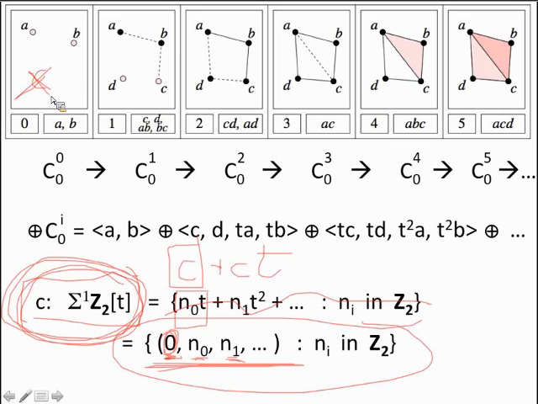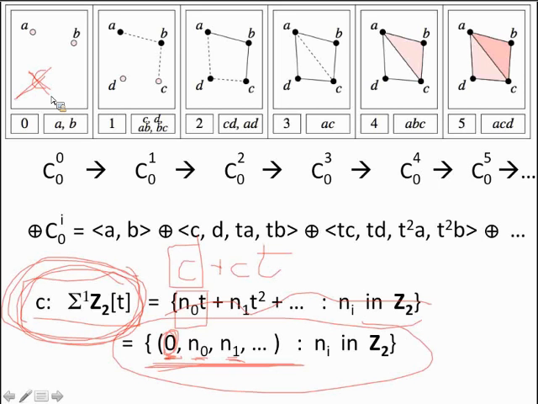So we have all our polynomials right here, but now I want to mod out by 1 unit later. 1 unit later is represented by t, so if I mod out by t, I'm setting everything with a multiple of t equal to 0, and so the only thing I'm left with is the constant term, Z mod 2, or in our tuple notation, that and 0, and then everything else is 0 after that. And that makes sense for our homology, because remember, in terms of our homology, we did have B in the middle.